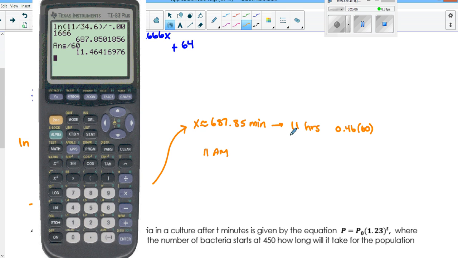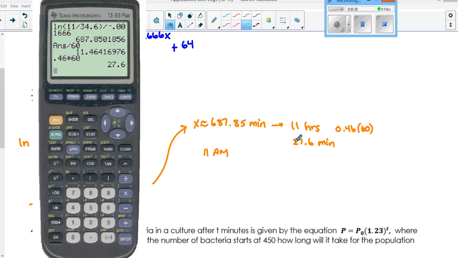There's not 100 minutes in an hour. So I need to take 0.46 of 60. So I'm going to take 0.46 times 60. And it tells me it's about 27 minutes. So 11 hours and about 27.6 minutes. Okay, and at that point you can just convert that to 28 because round up.